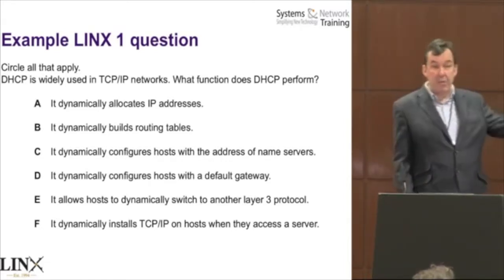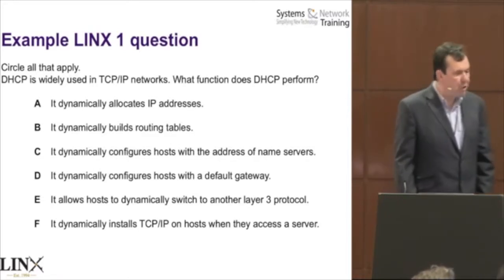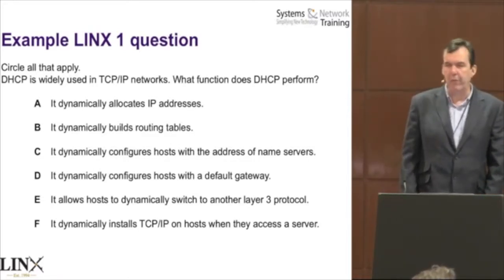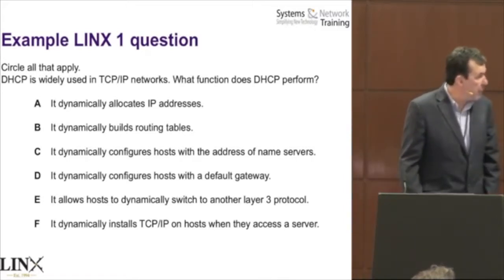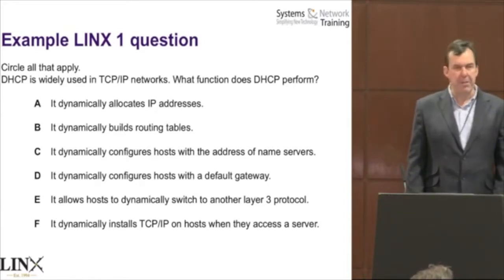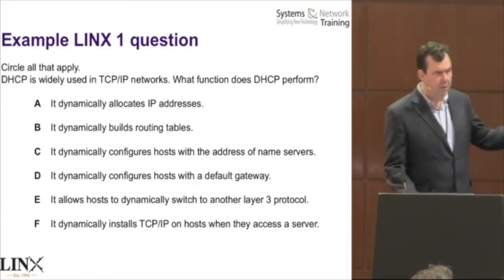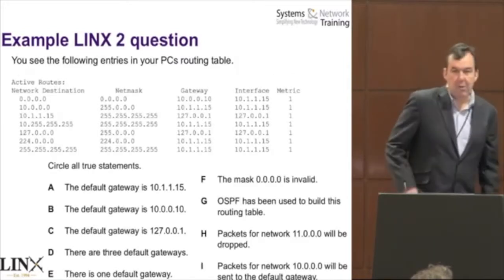Again, if you have, you could write a comment and then we'd have to investigate. Dynamically switching to another level 3 protocol, I've got no idea what that would involve, so that's wrong. And dynamically installing TCP/IP on hosts would be pretty interesting, given that DHCP already uses it. So anyway, A, C, and D, I think, are pretty much okay.